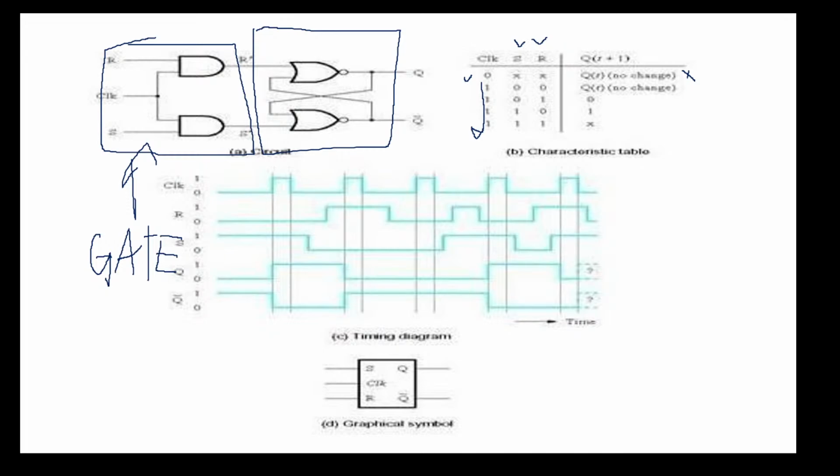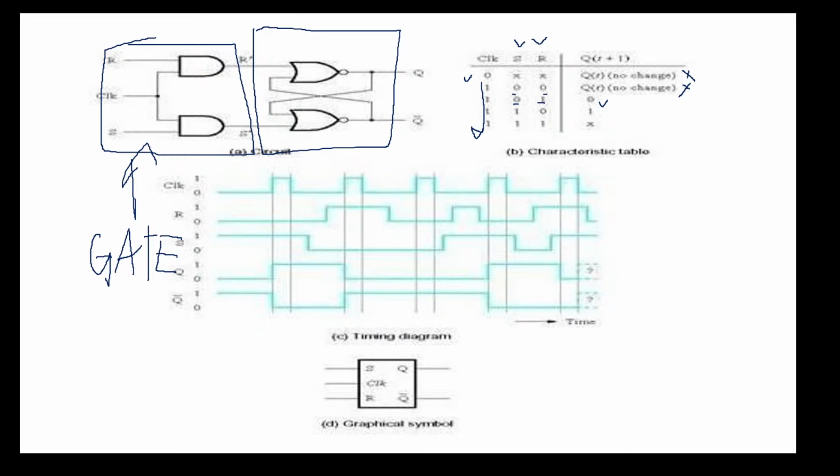Right, now when both the inputs are 0, there will obviously be no change, because the set terminal is also 0 and the reset terminal is also 0. So therefore there will be no change in the output. Now when S is 0 and R is 1, that means the circuit will reset, and when we say reset, the output will be 0.